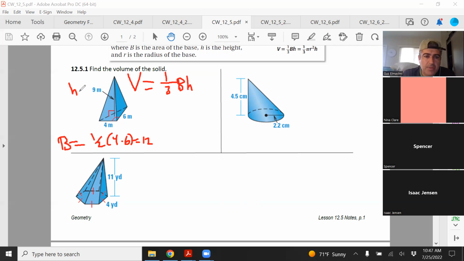This is your altitude, which is 9. So your volume will be 36, in cubic meters again.